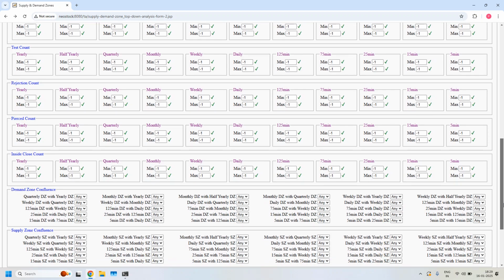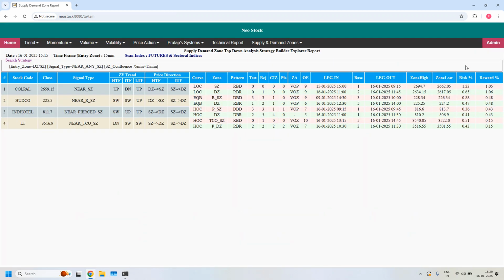In the supply zone, I am setting the filter 15 minute supply zone with 75 minute supply zone confluence. With this filter, we got 4 stocks. That means these 15 minute supply zones are part of this 75 minute supply zone. Out of these 4, third one is pierced. No, it's not useful.